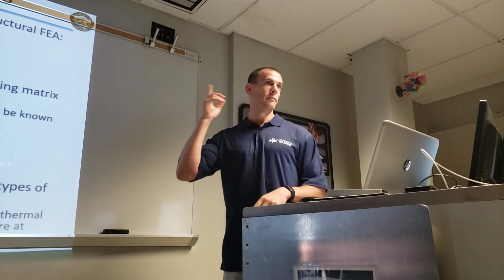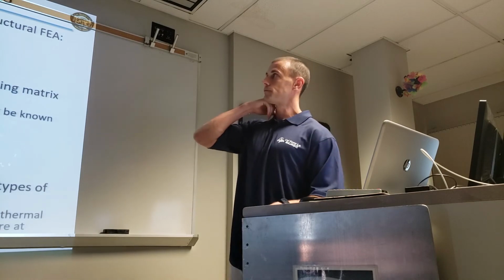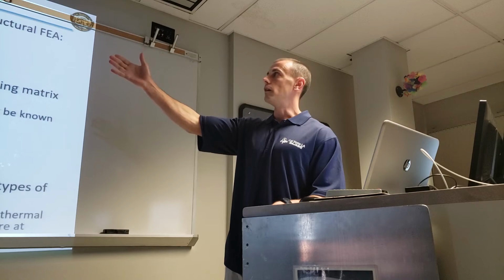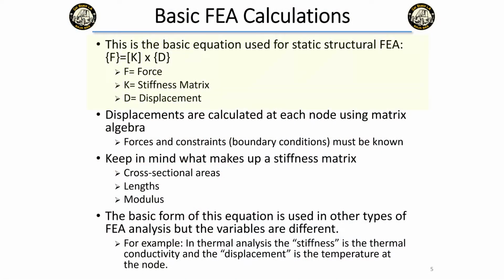So this is what the basic FEA calculations are. It's just a simple deflection: stiffness times deflection is your force, right? It's all matrix algebra. You have a force, and you can solve for any of this.